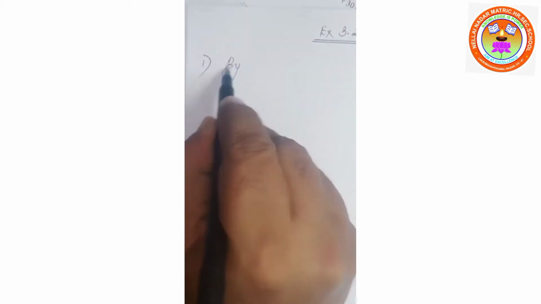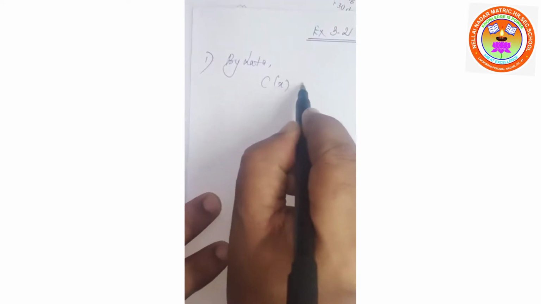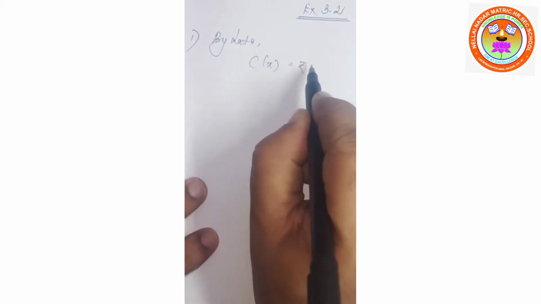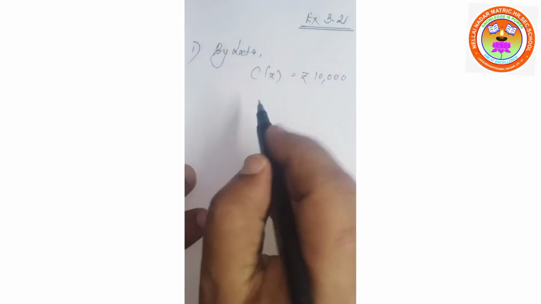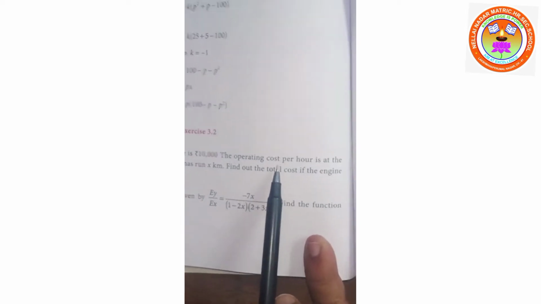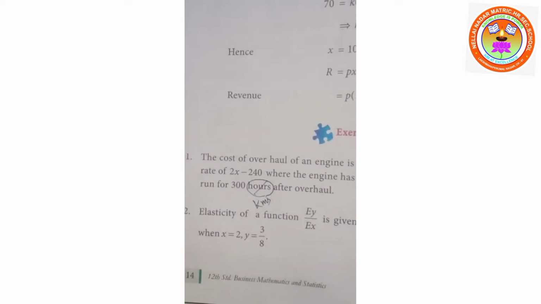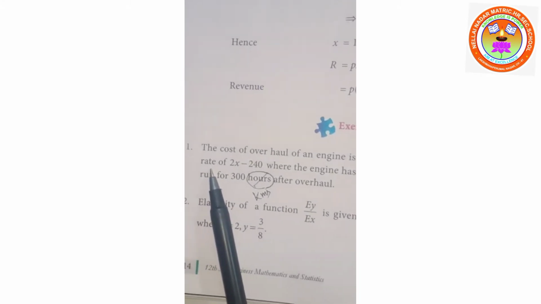By data, C of X, C refers to cost, that is 10,000 rupees. Now the operating cost per hour is at the rate of. Already I told you, whenever you are given the words at the rate, you have to introduce a differentiation.